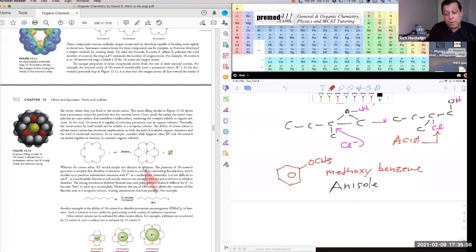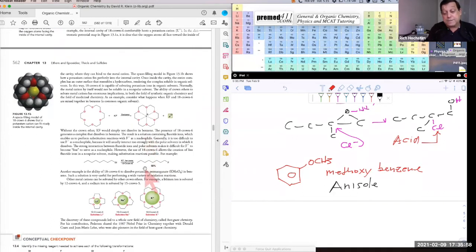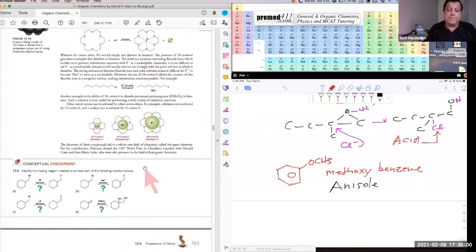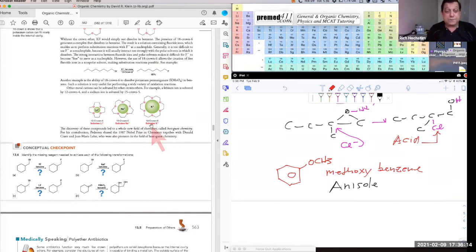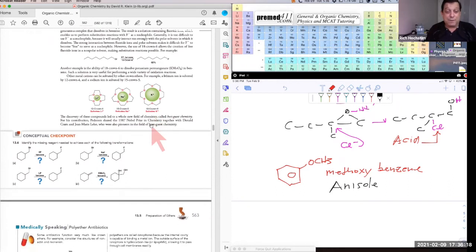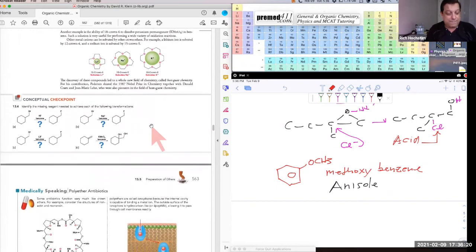Okay, so 18-crown-6 is not the only one they've developed. So here you see a whole bunch of them. And what they do is they trap different size ions. And people have gotten very clever with this. They've gone way beyond this and what they can do. And there is one professor at University of Miami that is working on this stuff. At least he's got it all over his wall outside of his office.